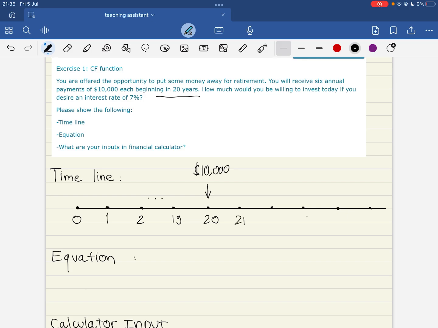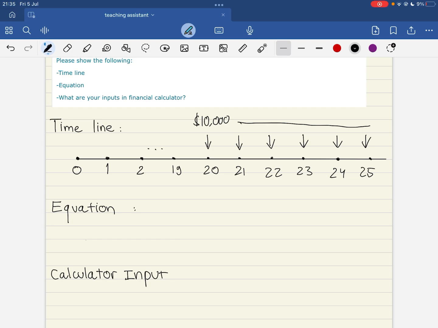Year 21, the second payment. Year 22, the third payment. Respectively, you receive another 3 $10,000 payments. So in total, there are 6 times. 1, 2, 3, 4, 5, 6 times of $10,000. So this is how you draw the timeline.